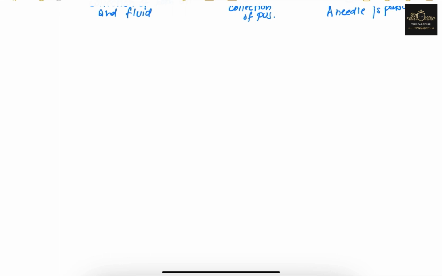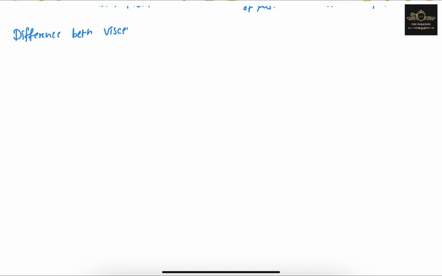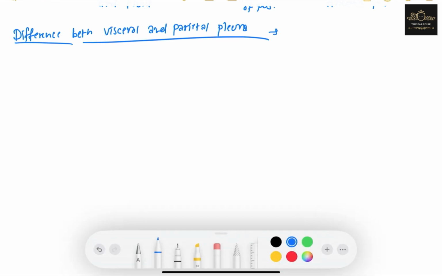Lastly, there is an important question: differentiation between the visceral and parietal pleura.